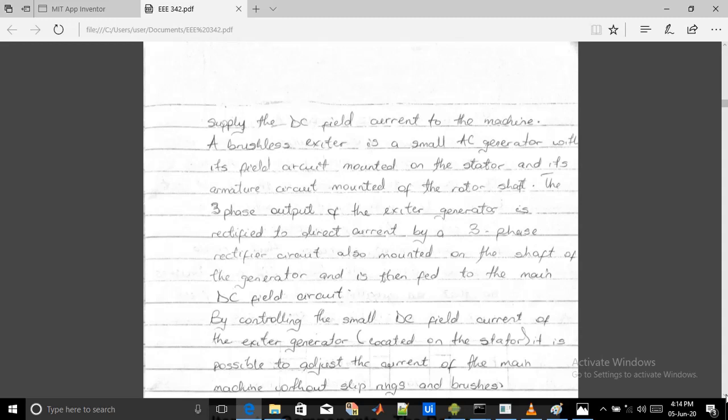Now you might be wondering, why is it that in our normal generator the rotor, where we have the field winding, is the rotating part, and the stator, where we have the armature winding, is the stationary part, but in this case it's the field circuit that is stationary and the armature winding that is mounted on the rotor and rotating, that is, vice versa.